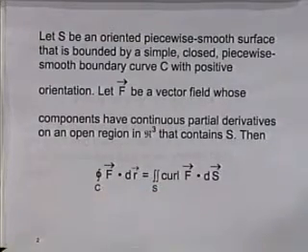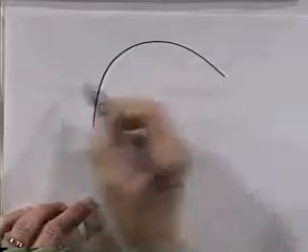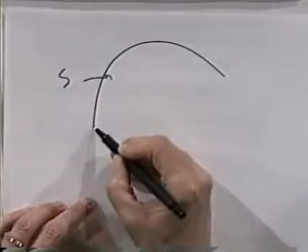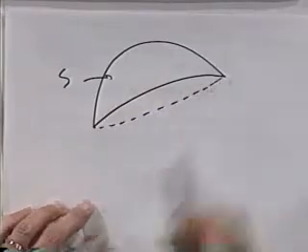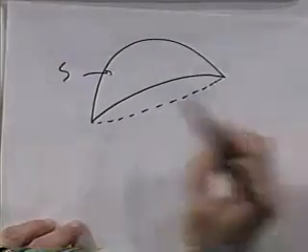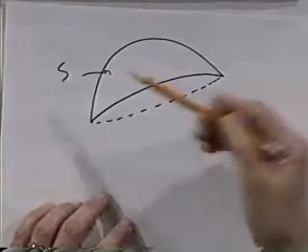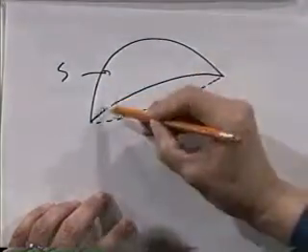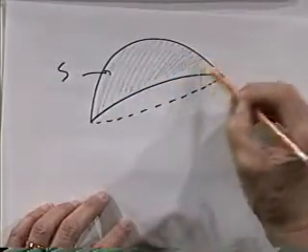Now exactly what's going on here, let me just show you. Maybe you've got some surface S that looks like this. The surface is up here, and it's really three-dimensional.